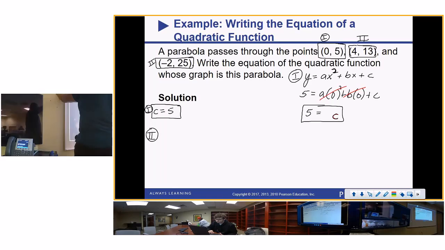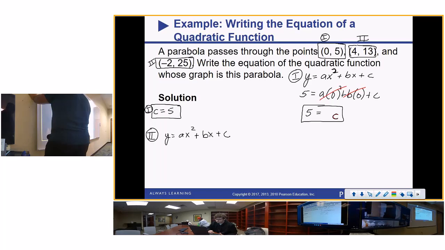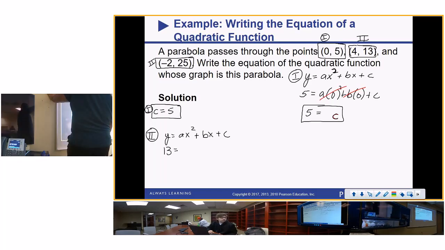So that's going to be y is equal to ax squared plus bx plus c. And y, in this case, is going to be 13 is equal to A times 4 squared plus B times 4 plus 5. Work that one out.